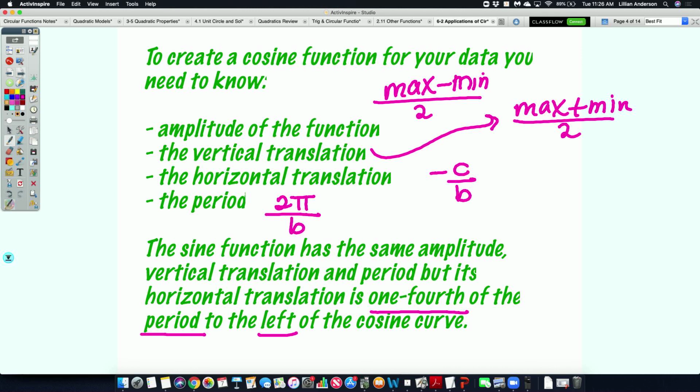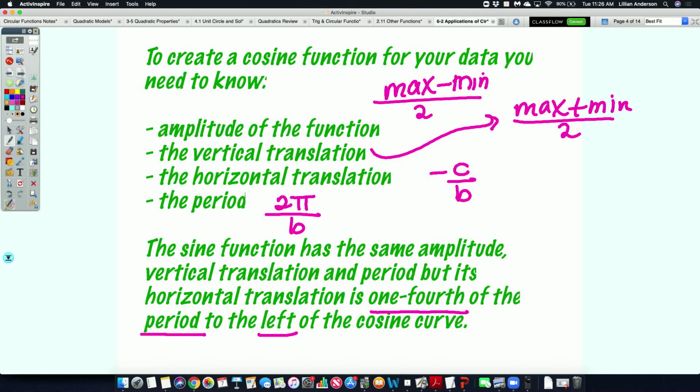That is always what the phase shift is for the other function, right? So let's say you found the sine function easily, no issue. Well, to get the cosine function, the A, the B, and the D, they all stay the same, but the C is always 1/4 of the period of that particular function to the left. To the left, which means you would need to subtract it, okay?